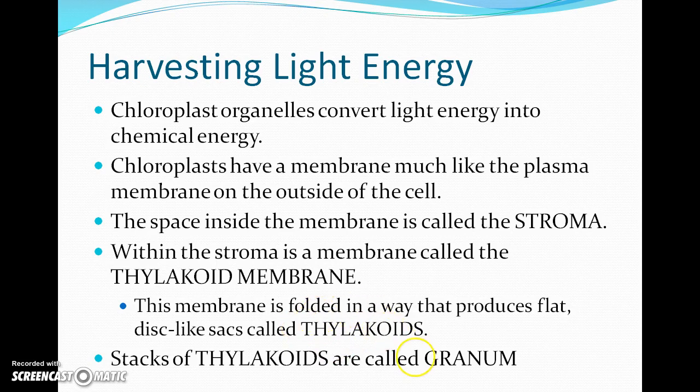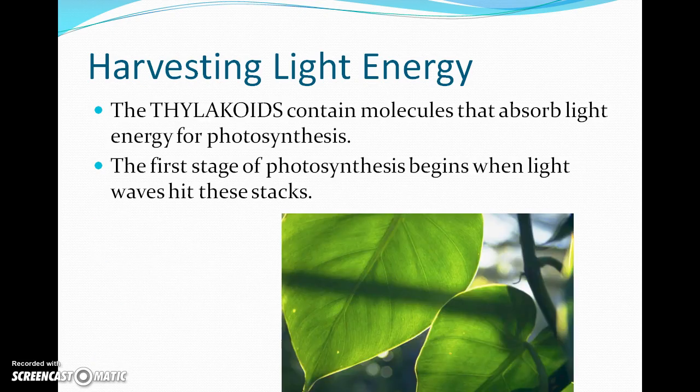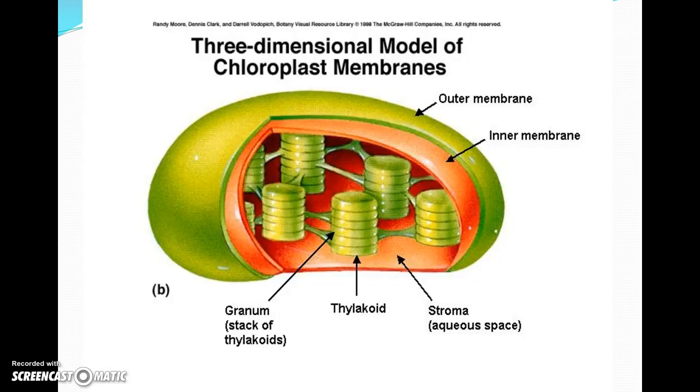And they stack up, and a stack of thylakoids is called a granum. We'll look at a picture of this in just a moment. The thylakoids are going to be the structures inside the chloroplasts that contain molecules that will absorb that light energy for photosynthesis. Photosynthesis begins as soon as the light energy hits those stacks of thylakoids.